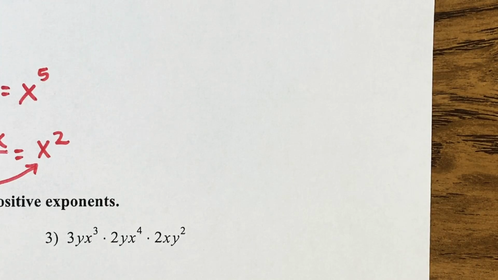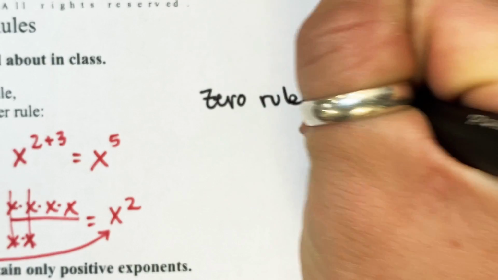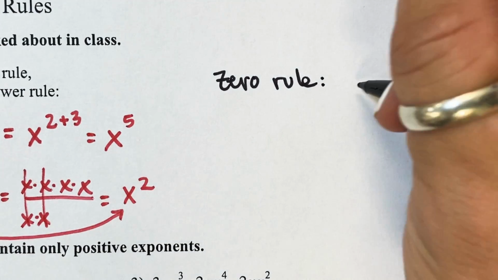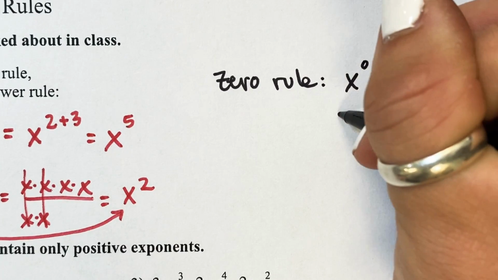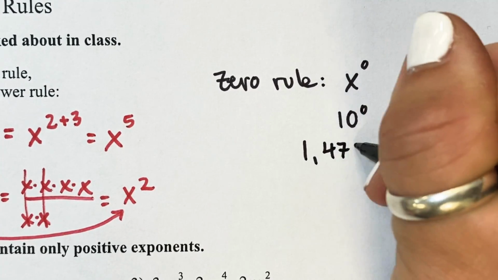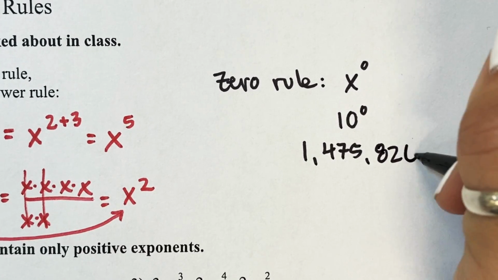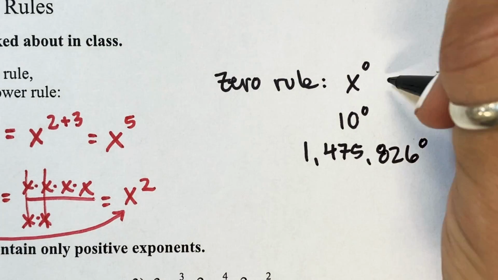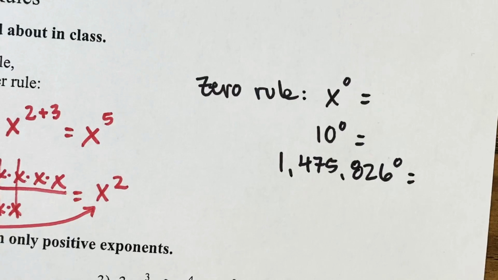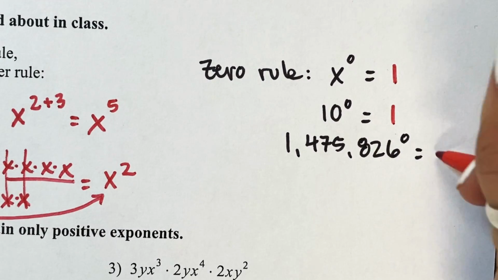This is our 0 rule. And this is saying anything to the 0 power, meaning x to the 0, 10 to the 0, 1,475,826 to the 0 power. What do these all equal? They all equal 1.